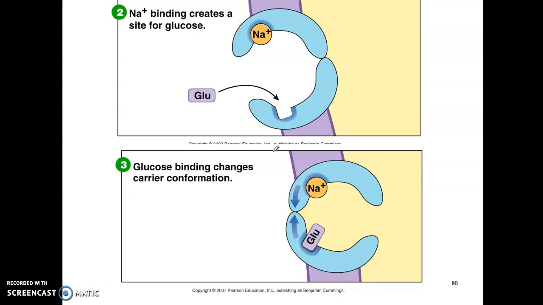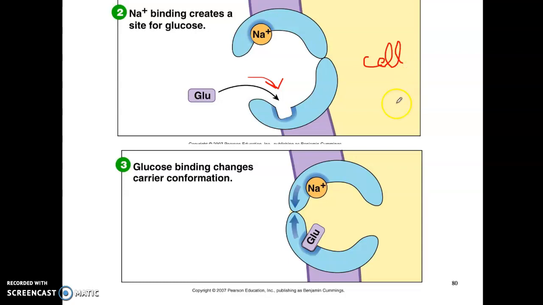Once that happens and the sodium has bound already to that molecule, the glucose has a separate location on that protein where it's going to be able to attach. And once the glucose is able to attach there, then you have that click mechanism of that carrier that's now going to close itself to the lumen end and open itself here into the cell end.